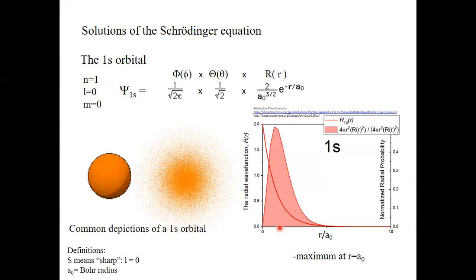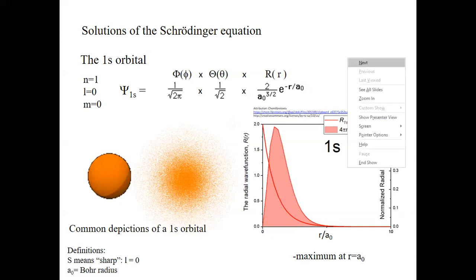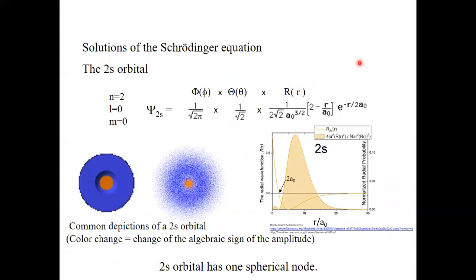Okay, therefore let us now look at all the other orbitals as well. So now we can increase, for instance, the quantum number n from 1 to 2, then we go from the 1s orbital to the 2s orbital. Okay, so you see here the wave function for the 2s orbital.